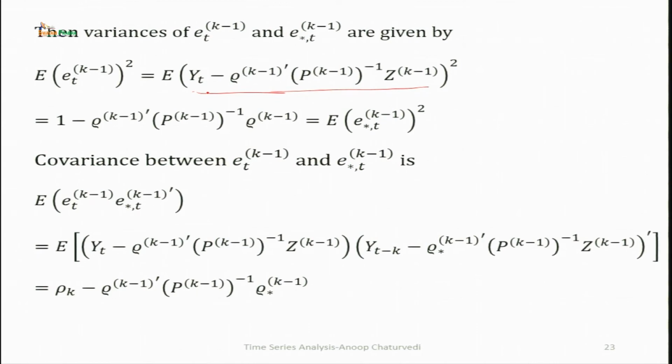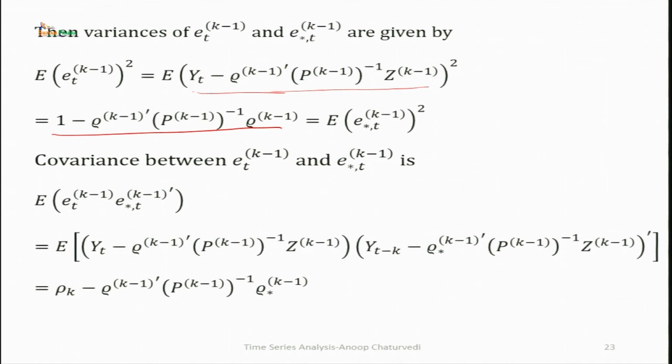The final expression is 1 minus rho_{k-1} transpose P_{k-1} inverse rho_{k-1}, and you can easily verify that the variance of e star_{t,k-1} is also the same. So the variances of these two residuals are equal, and this is the expression for their variances.